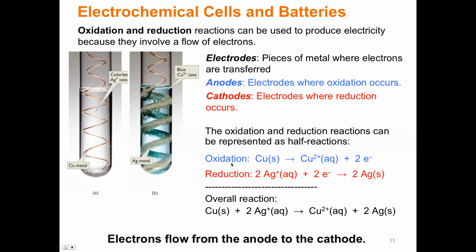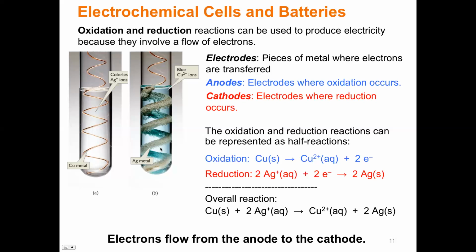And here we have this oxidation. Copper solid will love to donate its electrons and become copper 2+. And silver, on the other hand, silver ions would love to accept those electrons, and would then become silver solid, right? So the electrons are going to flow out of the copper, and then eventually you're going to get silver solid.